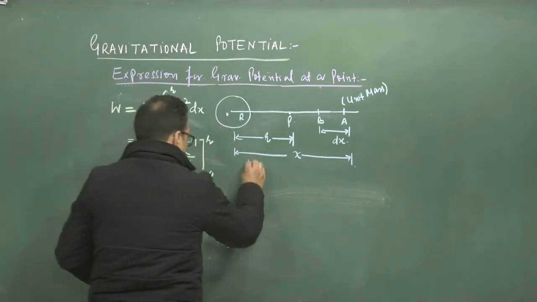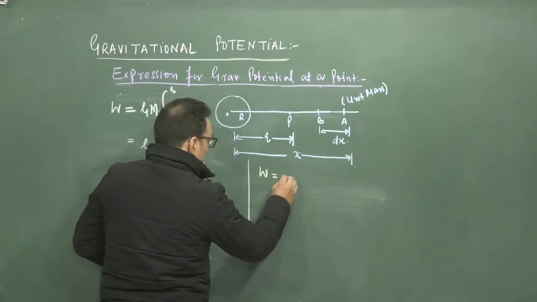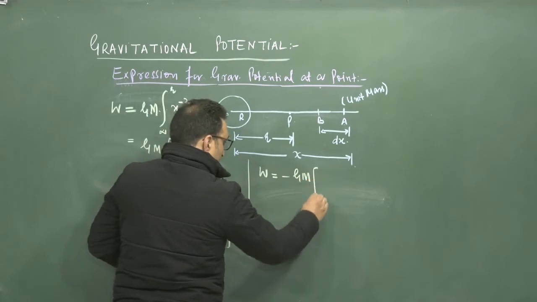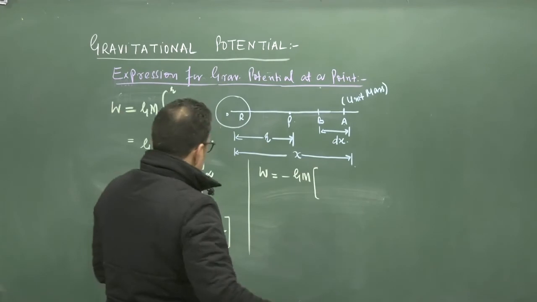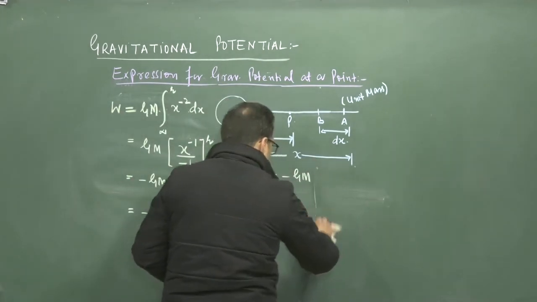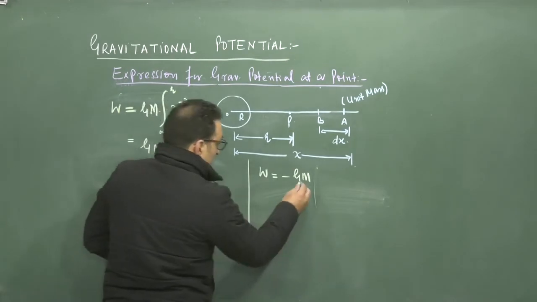Now you know that W equals minus GM, this is 1 by infinity is 0, therefore we are left with W equals minus GM by r.